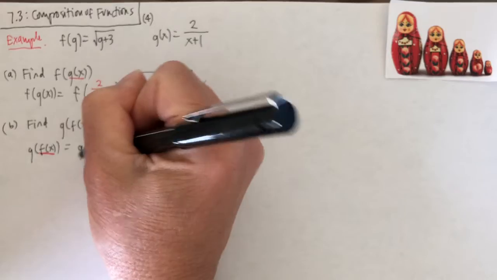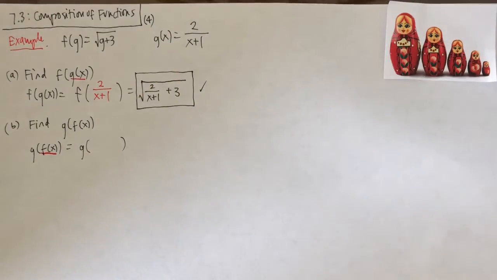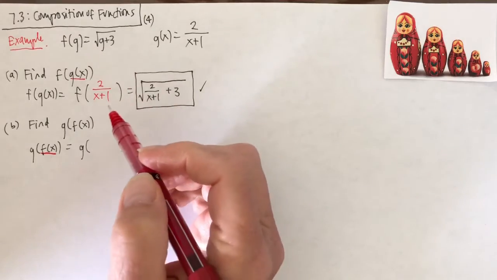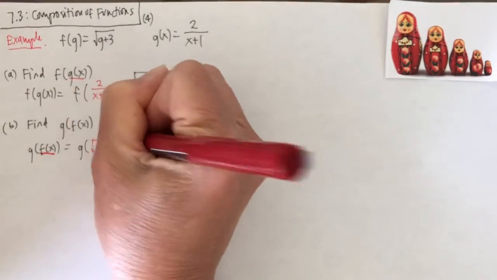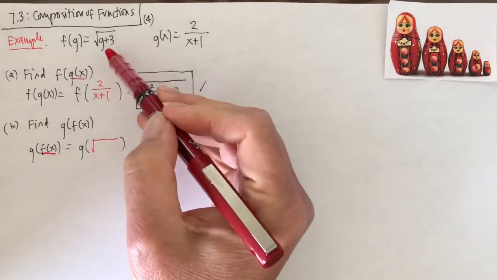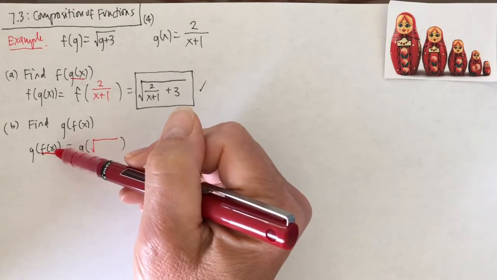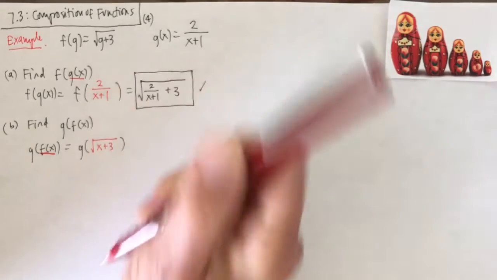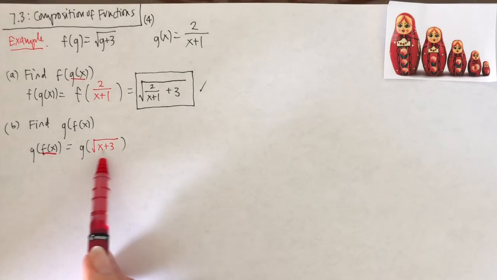So this will equal g of, let's see, f is the square root of your input plus 3. So square root of our input, and instead of g, I'm going to use x because right here they're asking me to use x as an input. x plus 3. This is the function f of x.